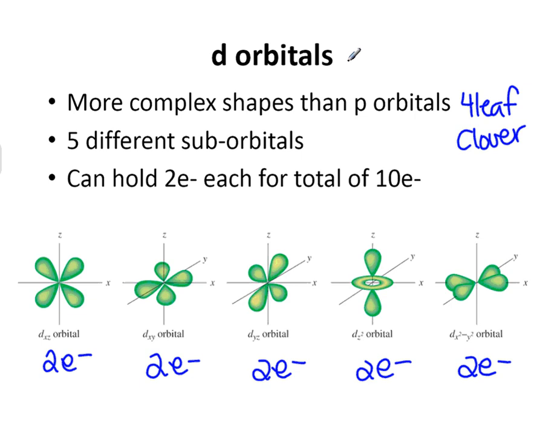For the d orbitals, this is when L is equal to 2. That tells you have a d orbital. And again, ML values are going to go from -2 to +2. So this one's ML equal to -2, -1, 0, +1, +2. 5 different values correspond to the 5 different suborbitals.